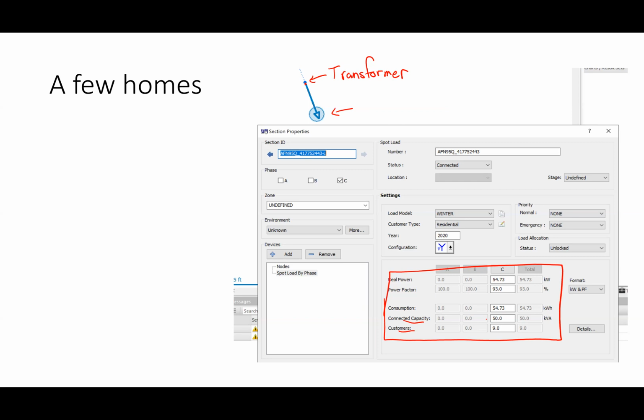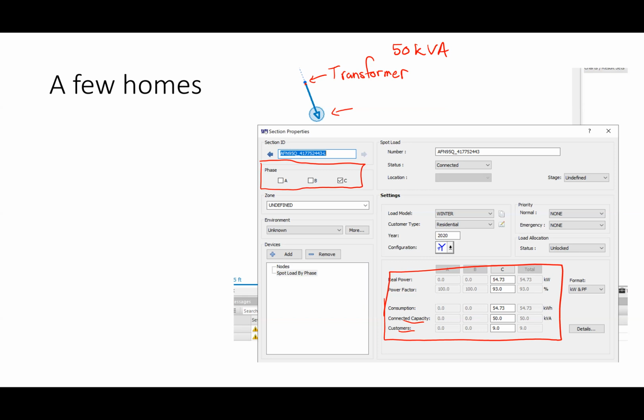So that means that this transformer right here must be 50 kVA. And one of the things I notice is that it's connected apparently to C-phase. So it's a single phase connection to the grid, and there's 9 people, and those 9 people apparently have a connected capacity of 50 kVA. So that means that this is a 50 kVA transformer that I'd have.